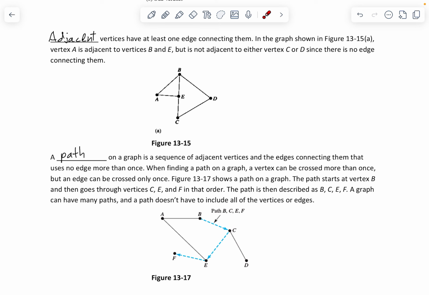Just follow the arrows, right? The path starts at vertex B, then goes through vertices C, E, and F in that order. The path is then described as BCEF. A graph can have many paths, and a path doesn't have to include all of the vertices or edges.